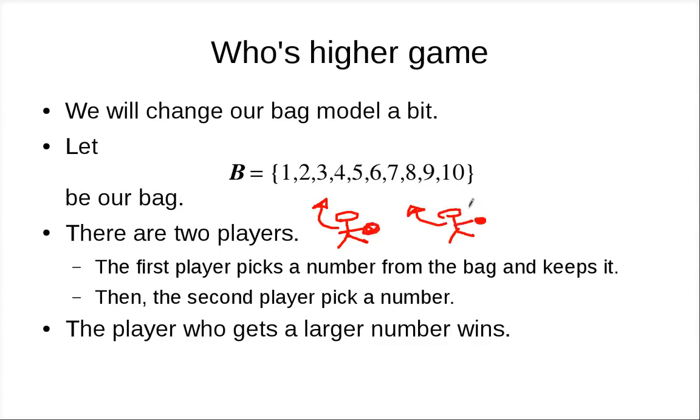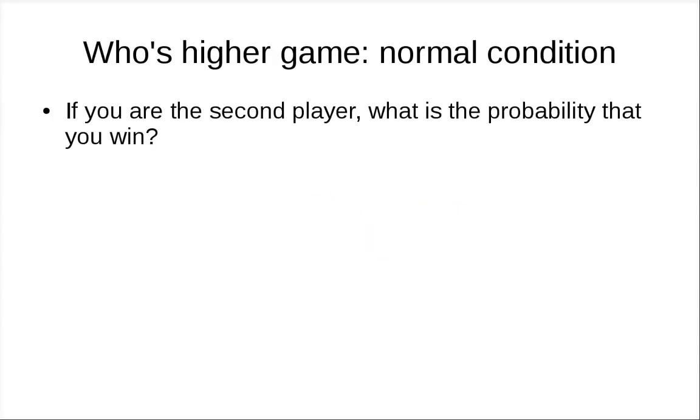So for the second player, she only has 9 choices. Okay, and from this, whoever gets the larger number wins. So under normal conditions, if you are the second player, what is the probability that you win?